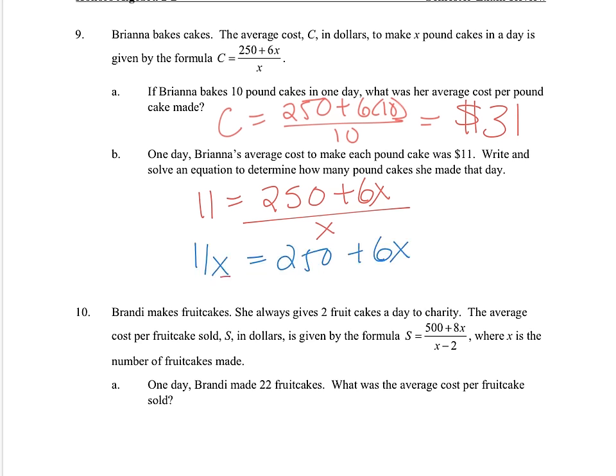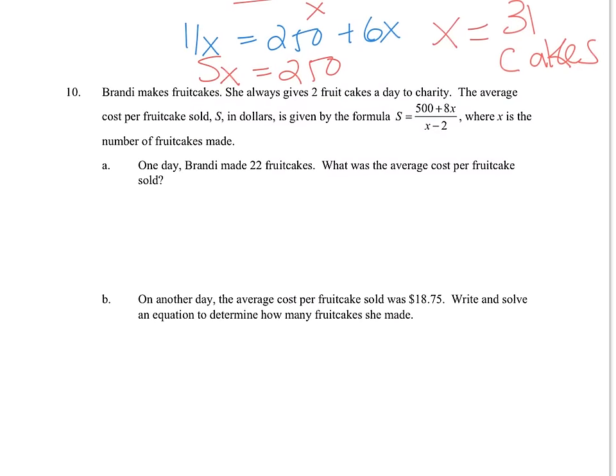Subtract the 6x. And divide by 5. That is 31 cakes. Pound cakes. That's a type of cake. All right, so 31 cakes.